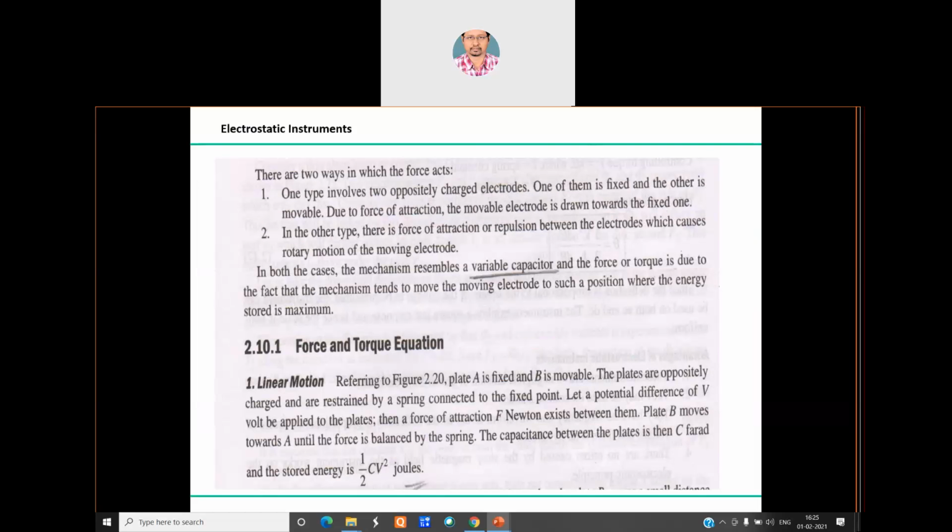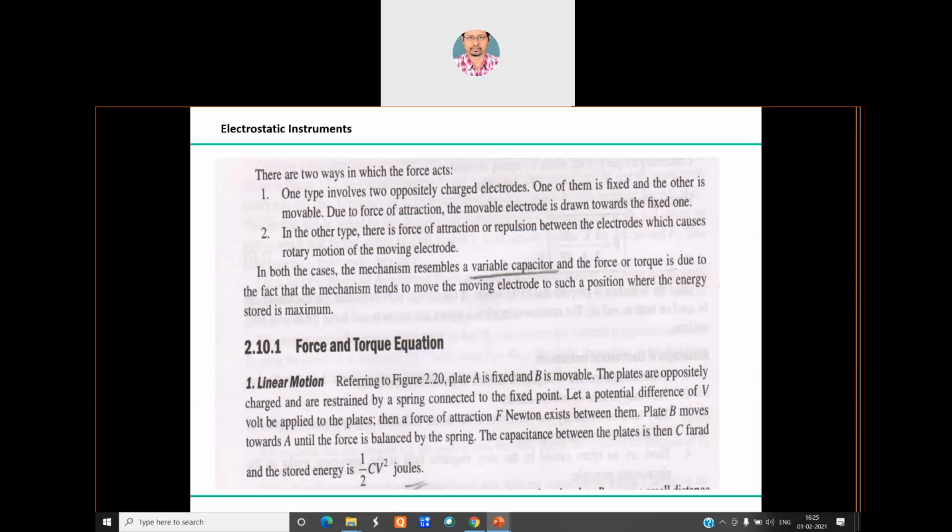In other words, it is working on the principle of variable capacitance, and due to the variable capacitance, the torque is exerted over the spring, in other words the pointer, moving the moving electrode to a position where the energy stored is maximum.